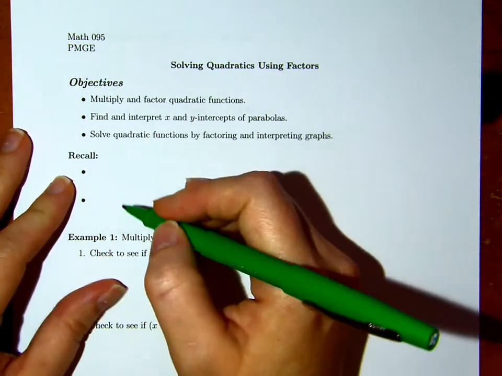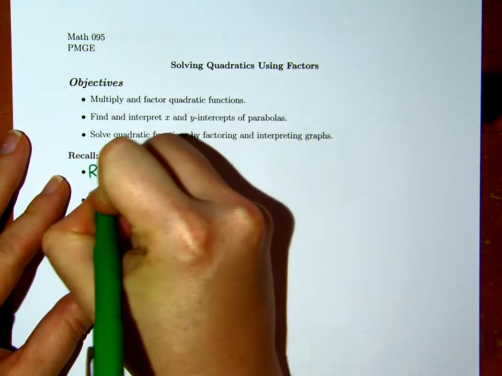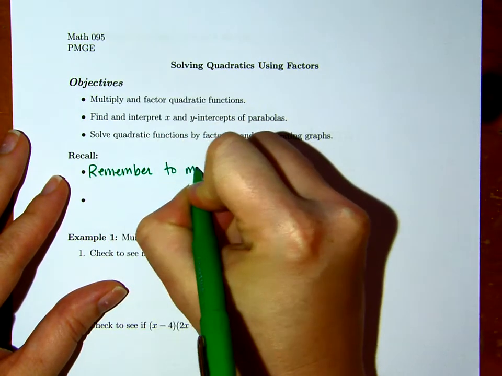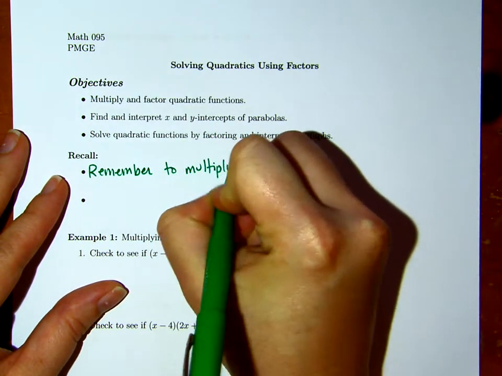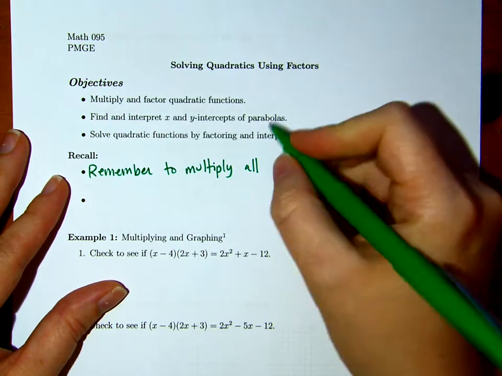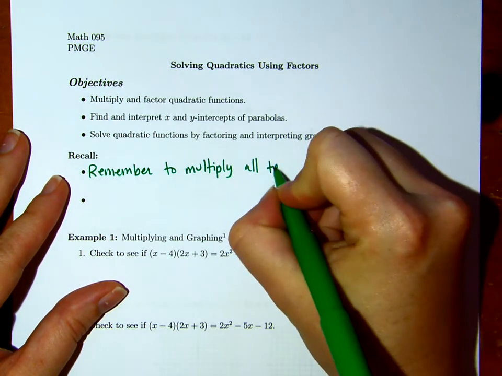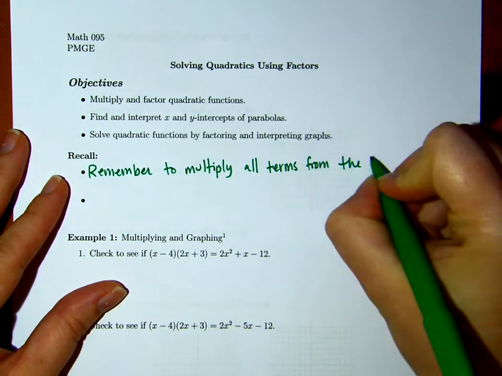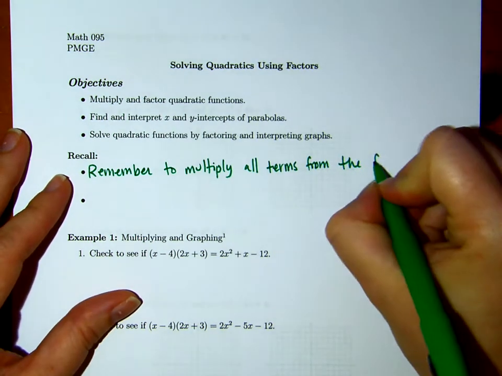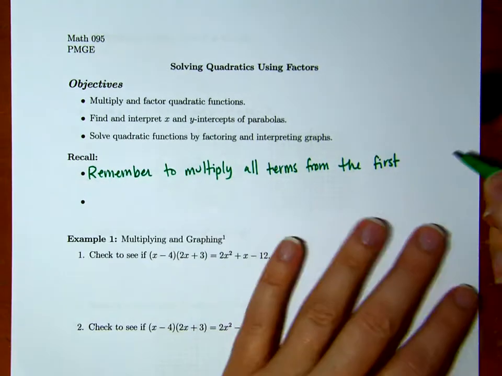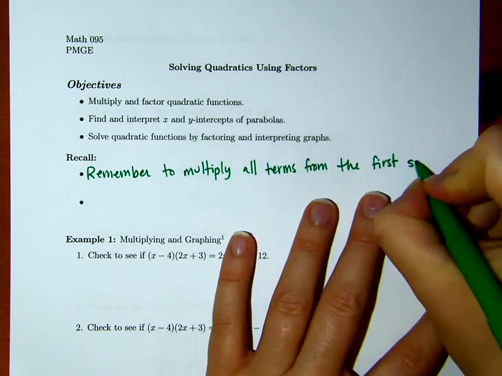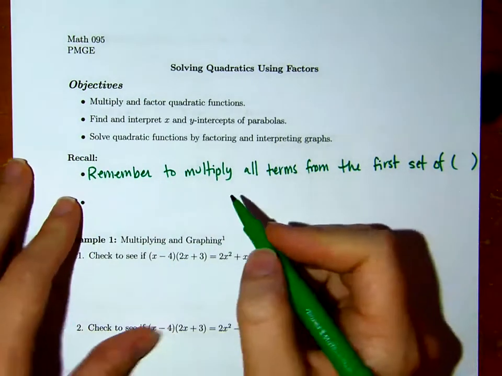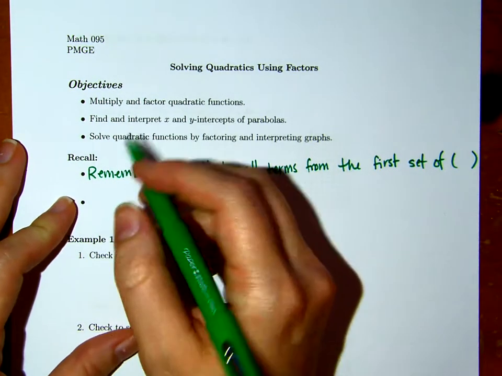So remember to multiply all terms from the first set of parentheses by all terms in the second set.